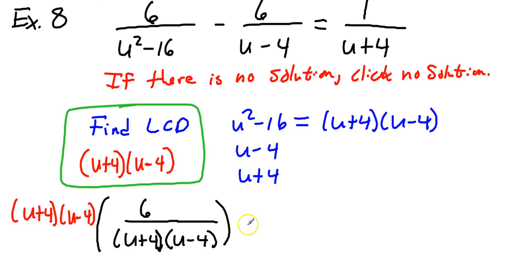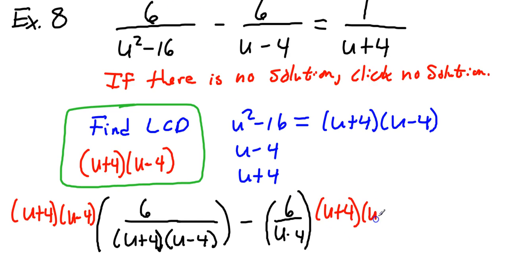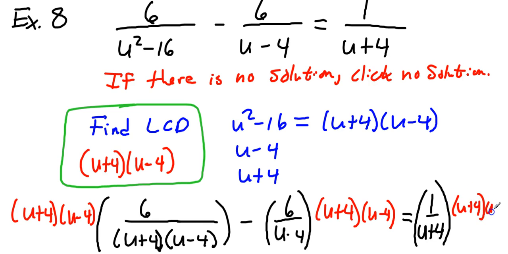And that was equal to minus 6 over u minus 4 times u plus 4 and u minus 4, equals, and I have to squeeze this one in a little bit, 1 over u plus 4 times u plus 4, u minus 4. And let me scroll that down so we can see it a little bit better.